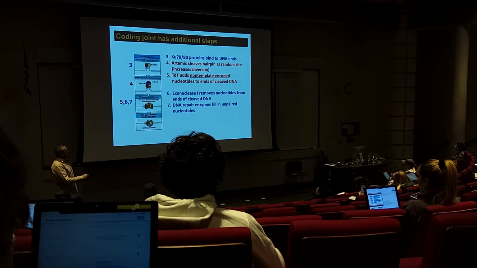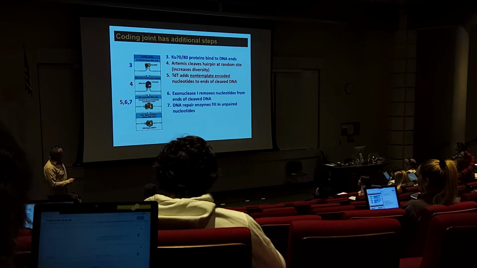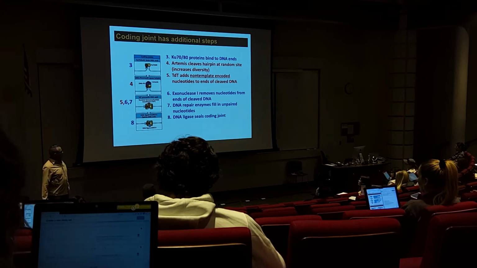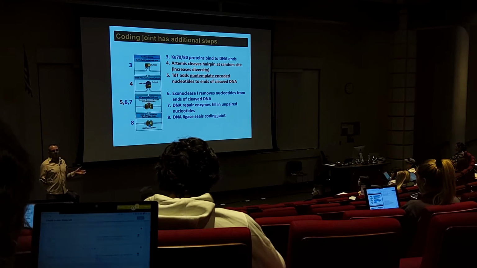But you add some, and then you take away some, and eventually you get filled in by an enzyme that fills in the rest of the nucleotides, and then DNA ligase 4 comes in and seals the joint. By doing that, you've added between 9 and 30 nucleotides. You just made that a whole different CDR3 or HVR3. Change what the antibody recognizes.